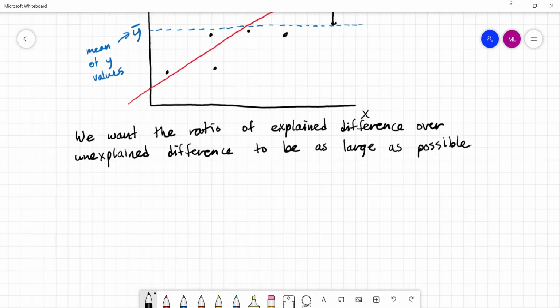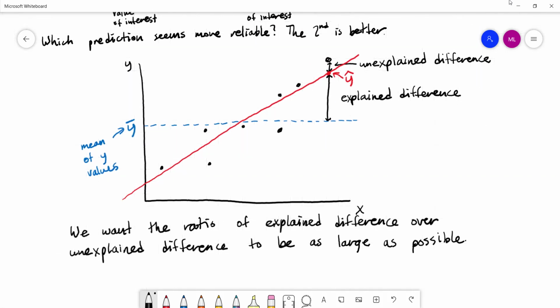What I mean by that is I want our line to account for basically as much of the difference as possible. I don't want to have very big unexplained differences.